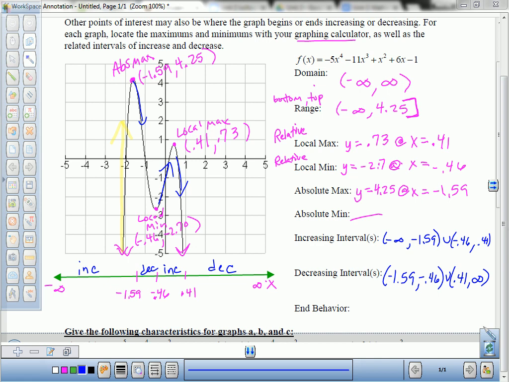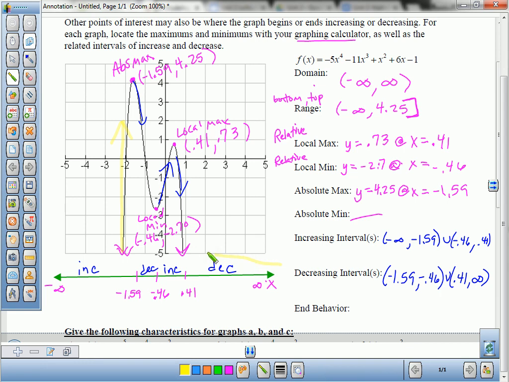Okay? Any questions about increasing, decreasing? If you find it helpful to create a separate little X number line below your graph, then do it. If you do not need that, then don't do it.